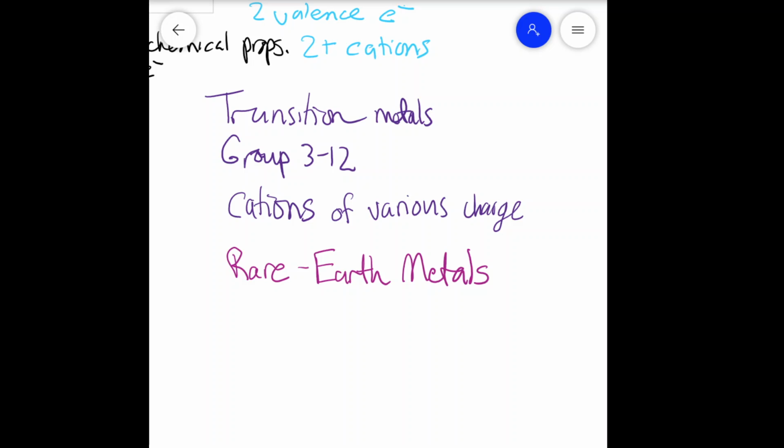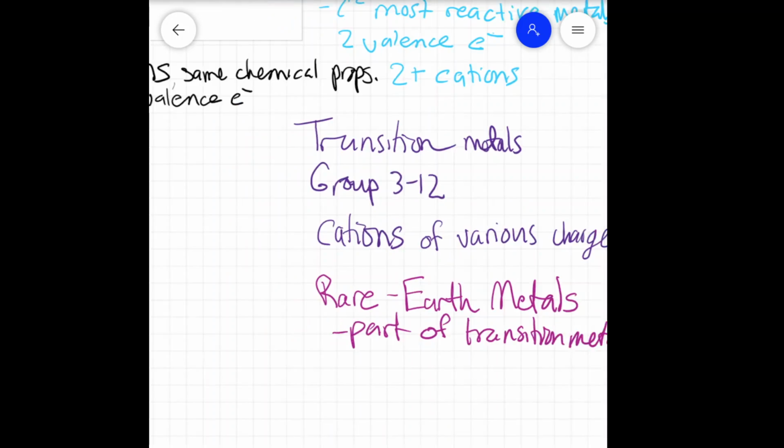That's not true now, but the name stuck. So these are still part of the transition metals. And so there's the 2 rows.